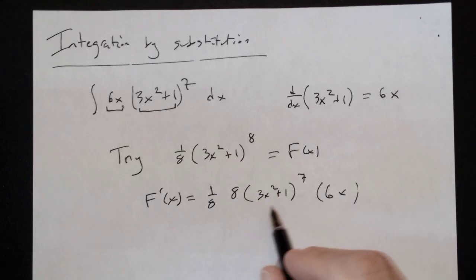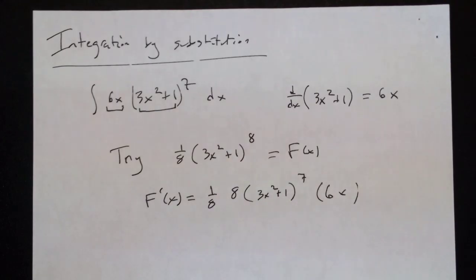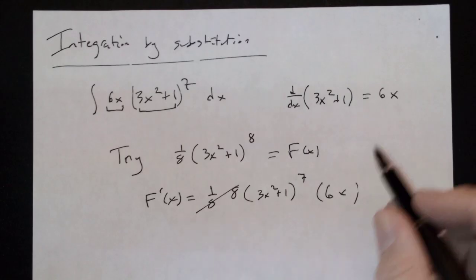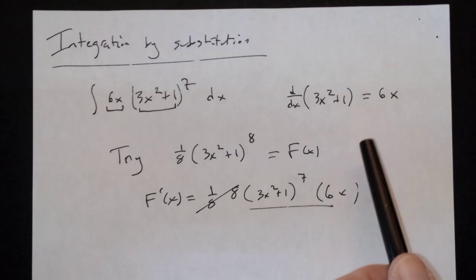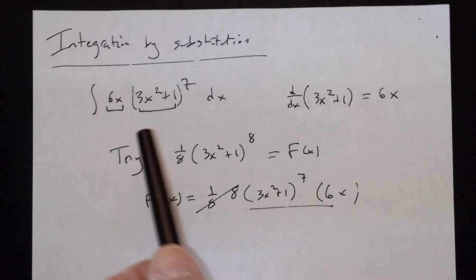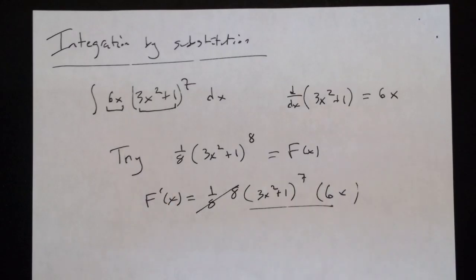The derivative of the inside. Hey, these cancel, don't they? And that is exactly the antiderivative I wanted to give me the integrand. Antiderivatives, derivatives, and integrals undo each other. So when I take a derivative, I should get back the stuff that's in the antiderivative. Great. I like this.